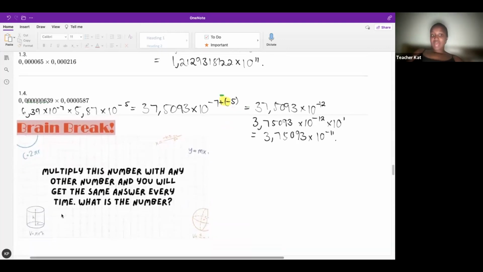If you multiply this number with any number, you'll always get the same answer. What is this number? Do you know what number that is? 1. No, it's not 1. Does anybody know? Look in the chat. I think someone is helping you there in the chat.